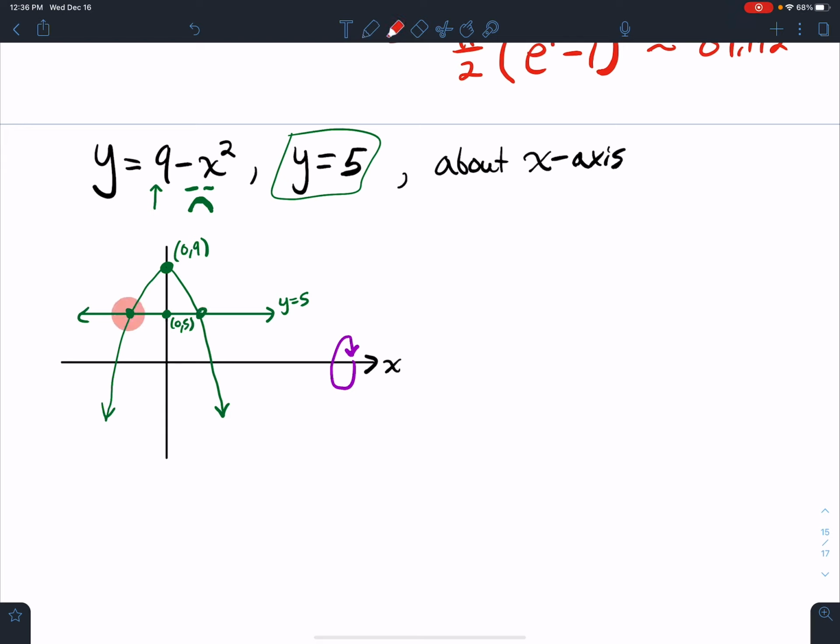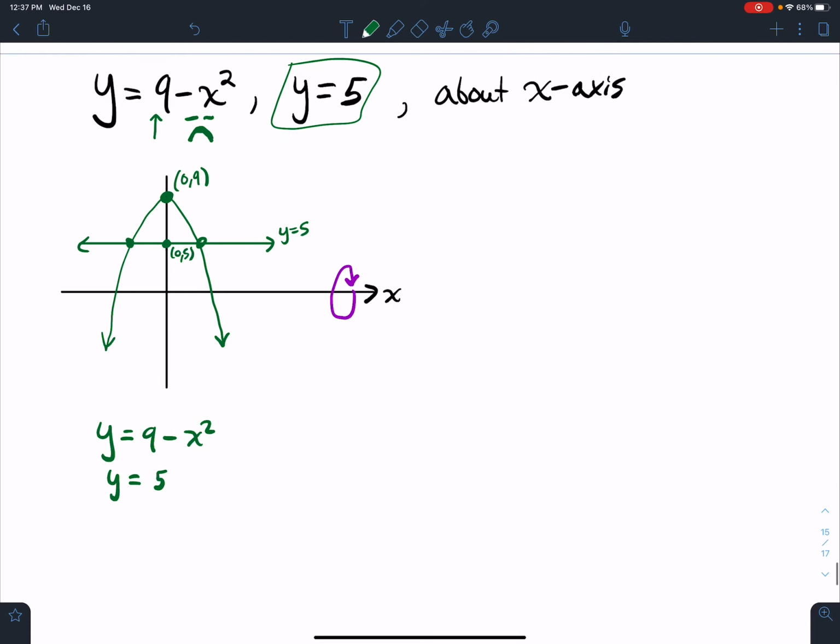Well, how do I determine where two equations are equal? I set them equal to each other. And so I have y equals 9 minus x squared, and I have y equals 5. So I'm going to replace y with 5 in here. And so that gets me 5 equals 9 minus x squared.